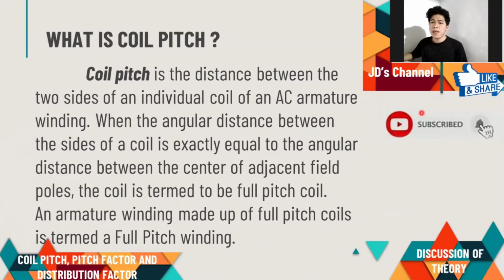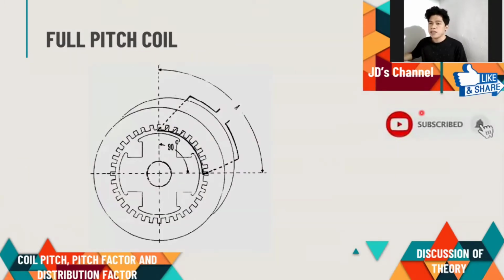Now, when the angular distance between the sides of a coil is exactly equal to the angular distance between the centers of adjacent field poles, the coil is termed to be a full pitch coil. And the armature winding made up of full pitch coils is termed as full pitch winding. So here is an example of a full pitch coil, like what was mentioned earlier.